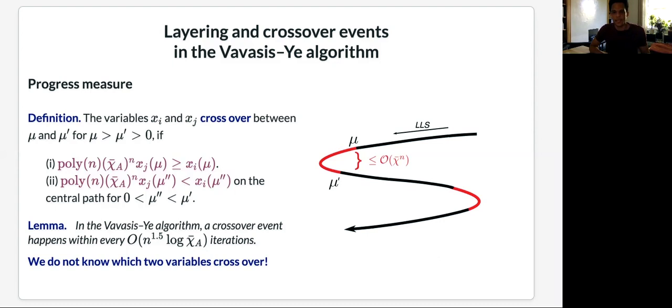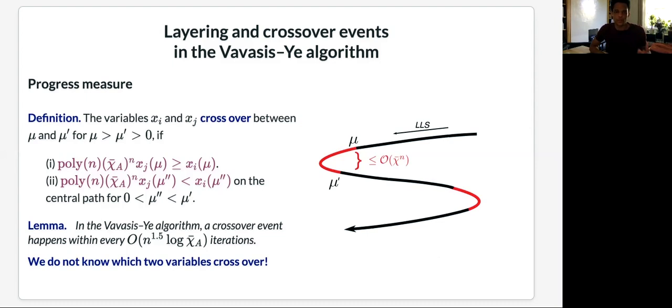Namely, at the beginning of such a curved part, we will have that one primal variable, let's say primal variable j, is much larger than the variable i. And at the end of the curved part, we will have that j is going to be smaller than i for the remainder of the central path.